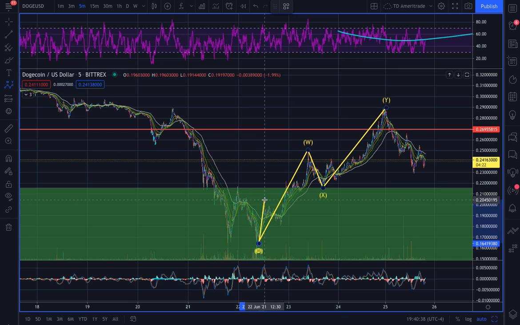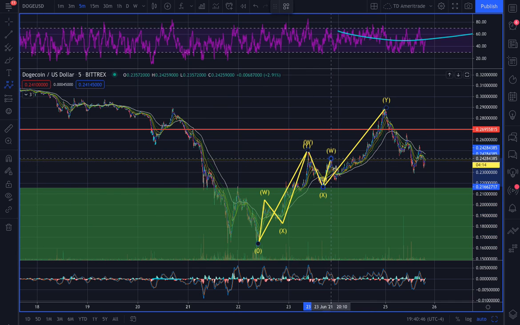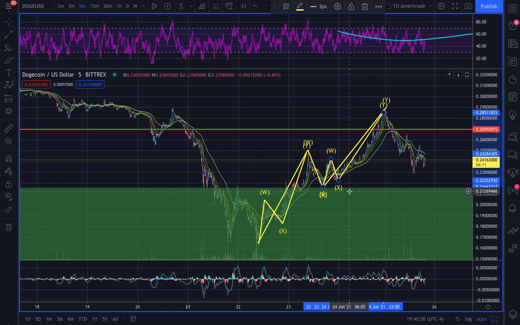Either way, these were 3 waves in here. This one may have been 3 waves. Really strange one.